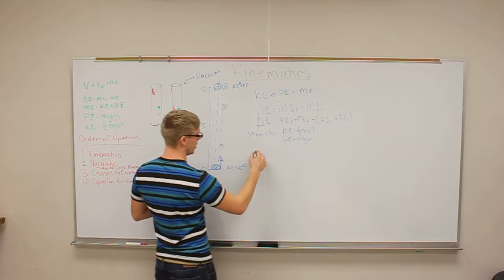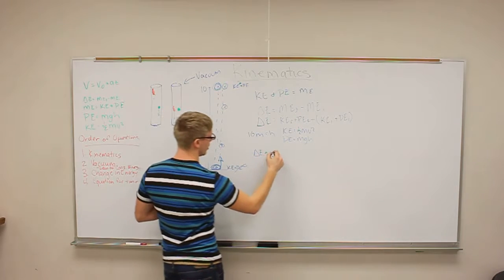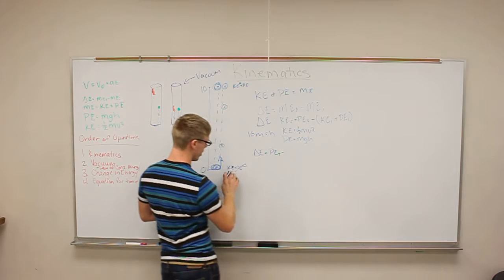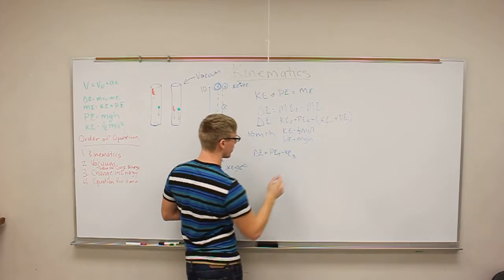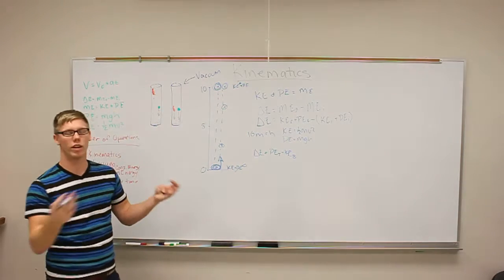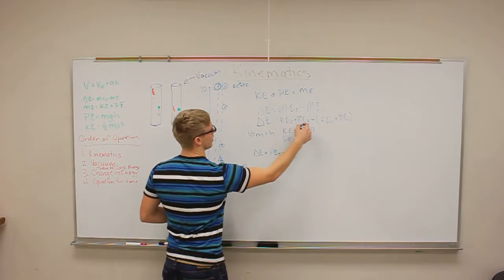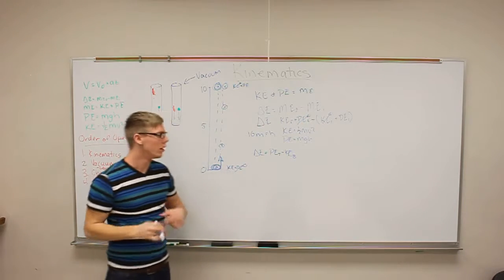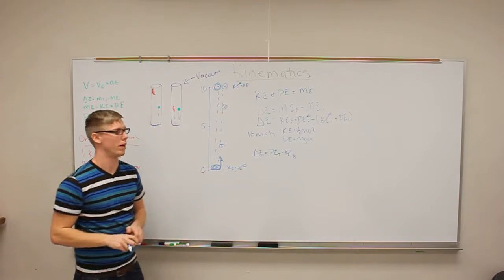To find the change in energy here, we take the potential energy at the top minus the kinetic energy at the bottom. You can write in the full amount, where the kinetic energy initial will be 0 and the potential energy final will be 0, but I made it a little bit shorter and cut that step out.